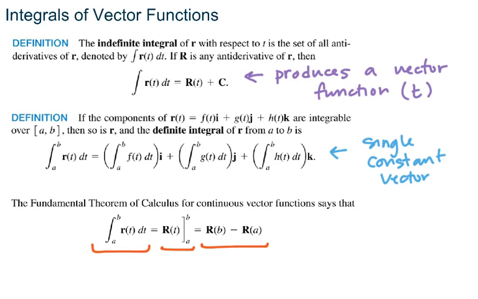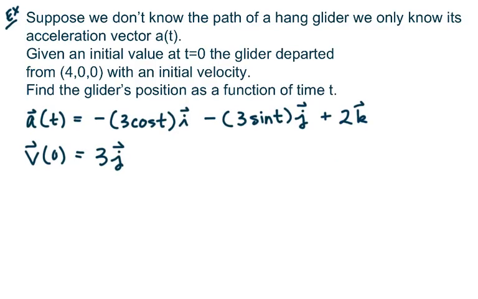All right, so let's work on an application problem. For this example, we're going to deal with knowing the acceleration vector. So suppose we don't know the path of a hang glider and we only know its acceleration vector, a of t. Given an initial value at t equals 0, the glider departs from a point 4, 0, 0.